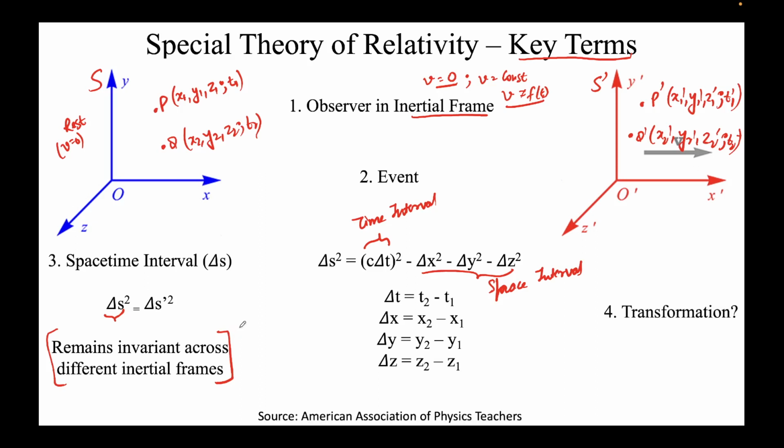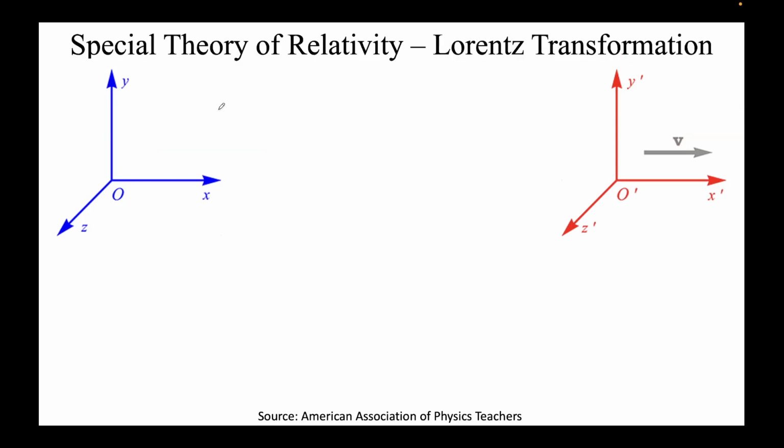Using this concept we can get the coordinates of P prime if you know the coordinates of P, which we call the transformation. So again, this is the S frame, your rest frame. This is the S prime frame, your moving frame.